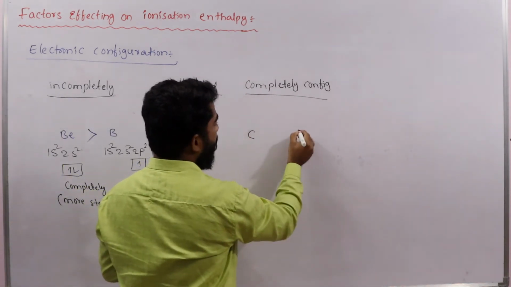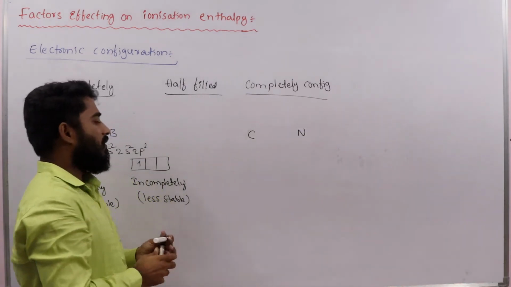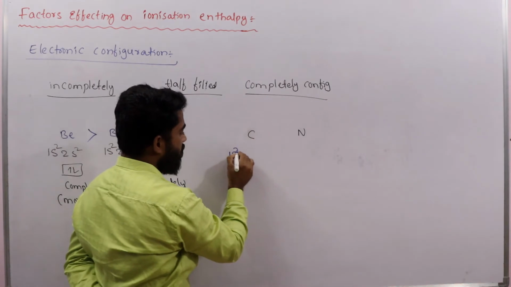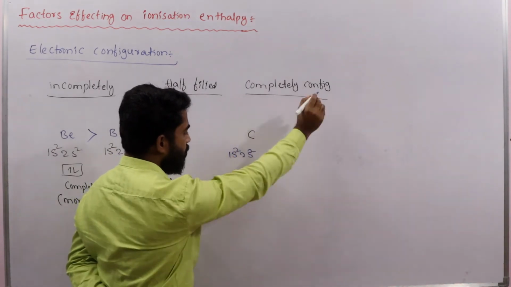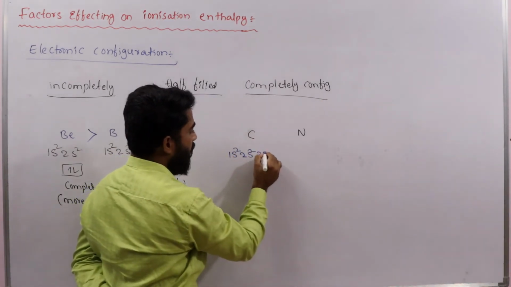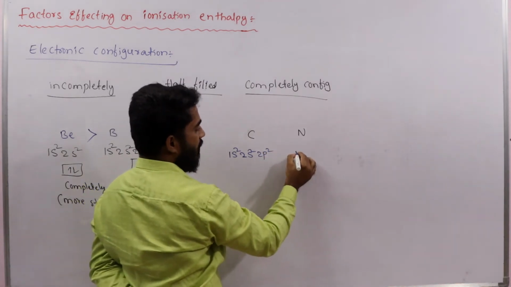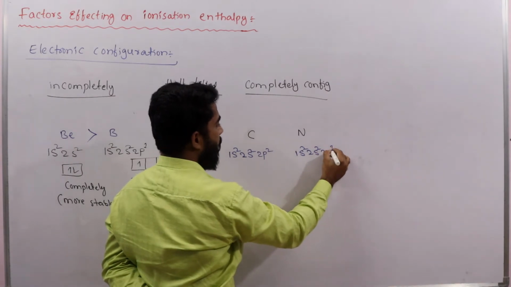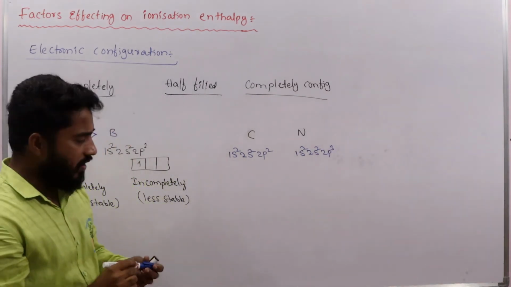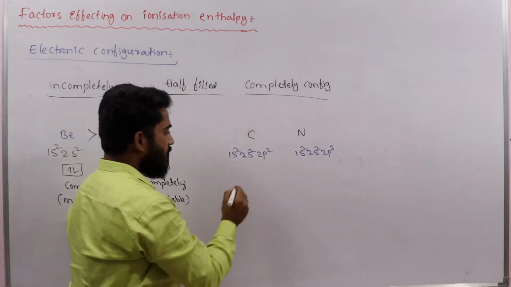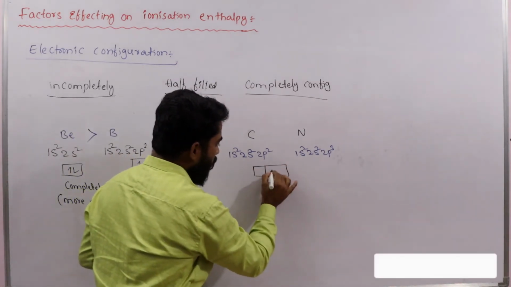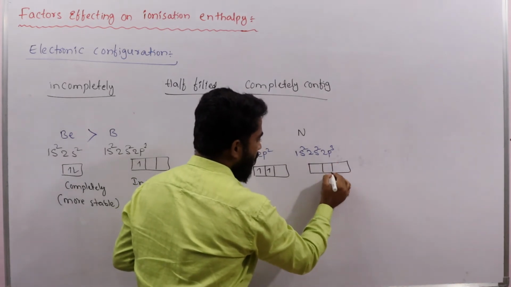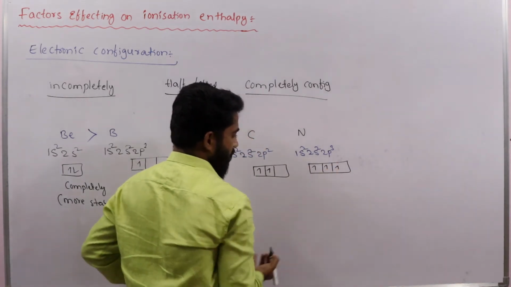Carbon and nitrogen. What is the electronic configuration of carbon? That is 1s2, 2s2, 2p2. Nitrogen is 1s2, 2s2, 2p3. When you observe, in carbon's 2p, 2 electrons are present, while in nitrogen's 2p orbital 3 electrons are present.